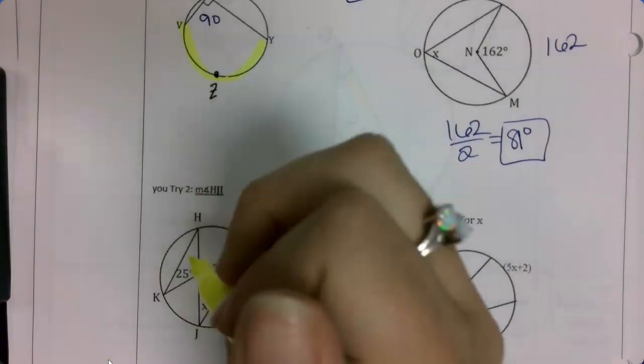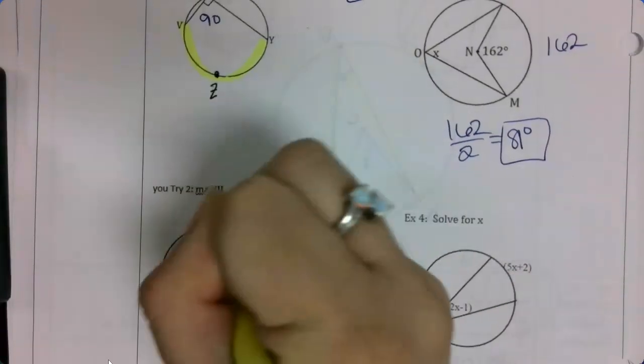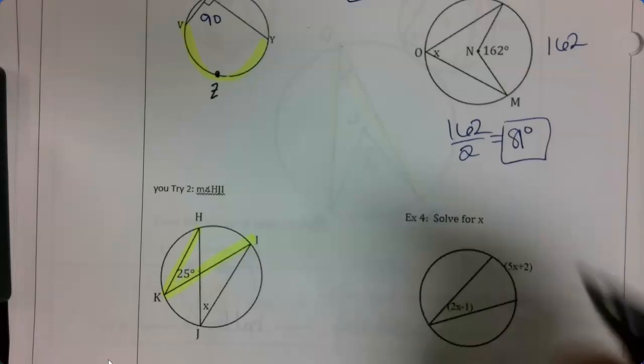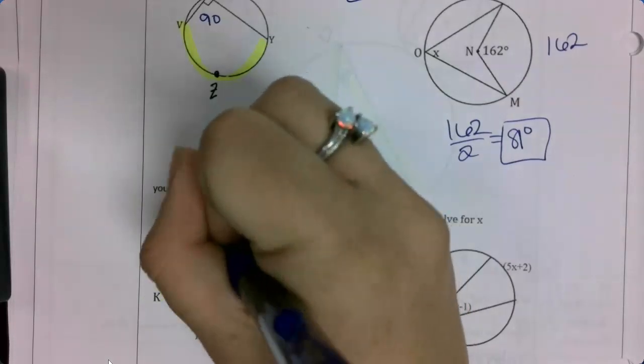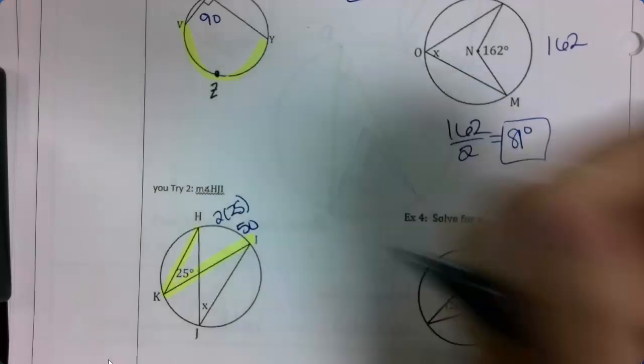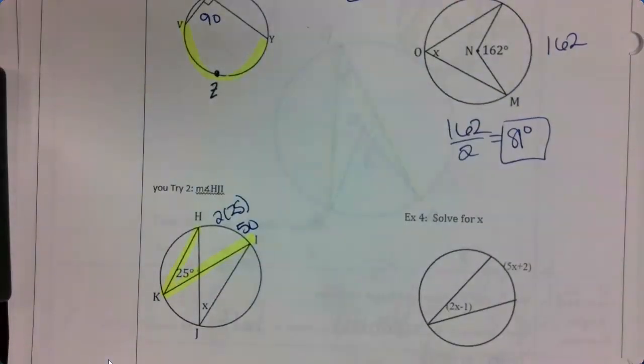So this one, HKI is telling me that this is 25. So that means that arc HI is 2 times 25, which will give me 50. But that's not what this question is asking me for. It's asking me for angle HJI.